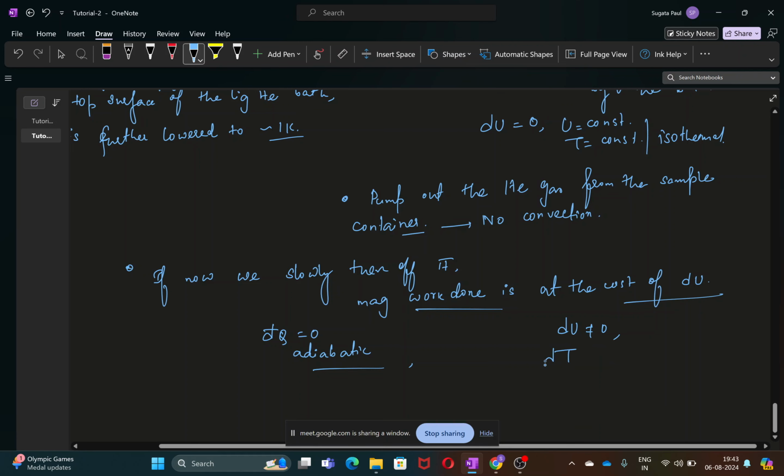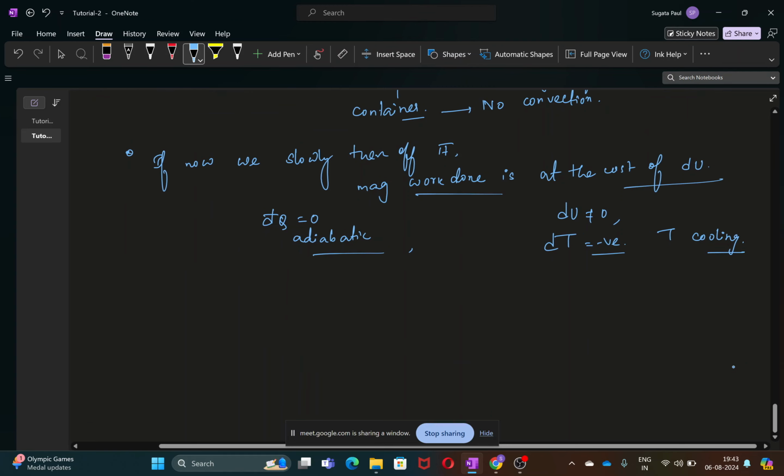So in this case your dT becomes negative, which you will see shortly, or temperature cooling happens. And in this process, if you repeatedly do the same steps again and again, then you can go from, let's say, 1 Kelvin starting point to some lower temperature, and again by repeated method from that temperature to even lower temperature. And it is experimentally found that you can go up to, let's say, 3 millikelvin or 1 millikelvin type of temperature.